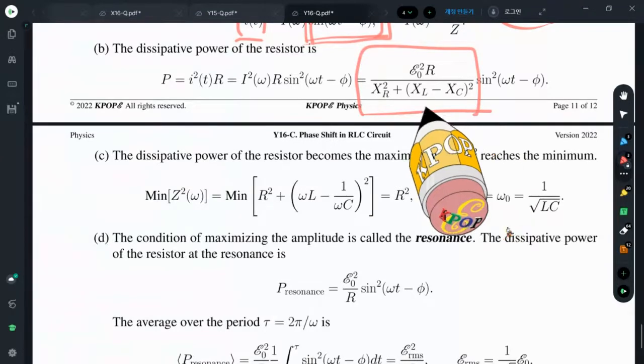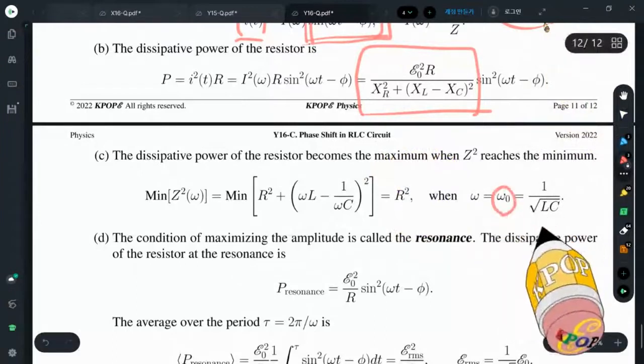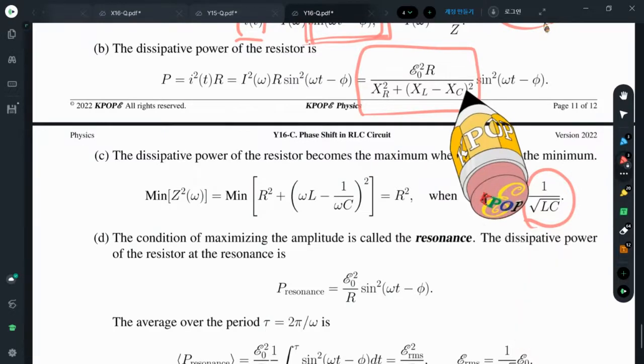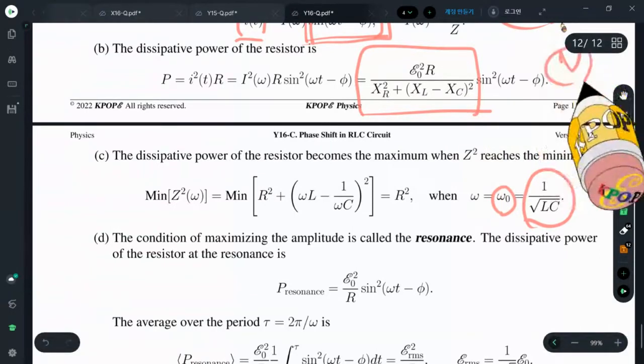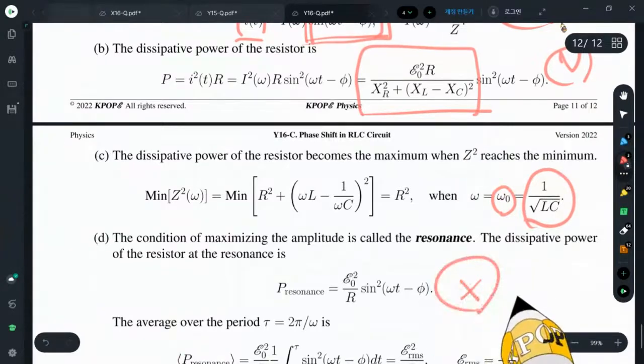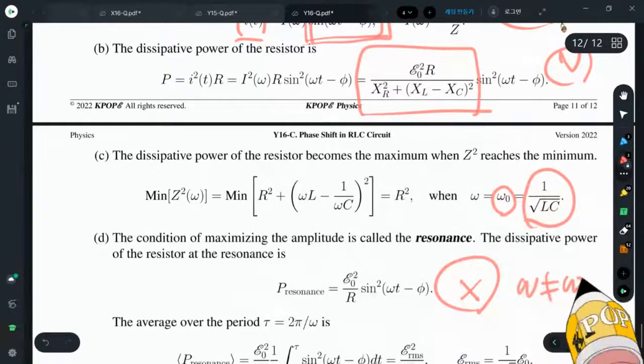What we have to do is just omega 0 is 1 over square root of LC, and you remember when the amplitude is maximized. The amplitude is maximized for the velocity. For the displacement, the amplitude is maximized not at omega equals omega 0.